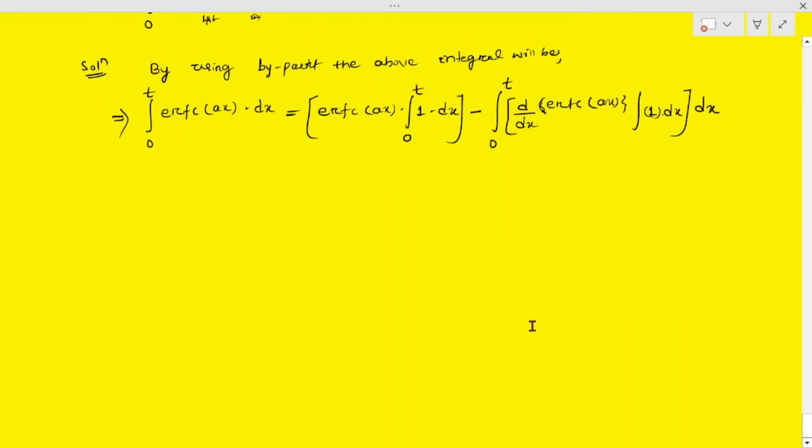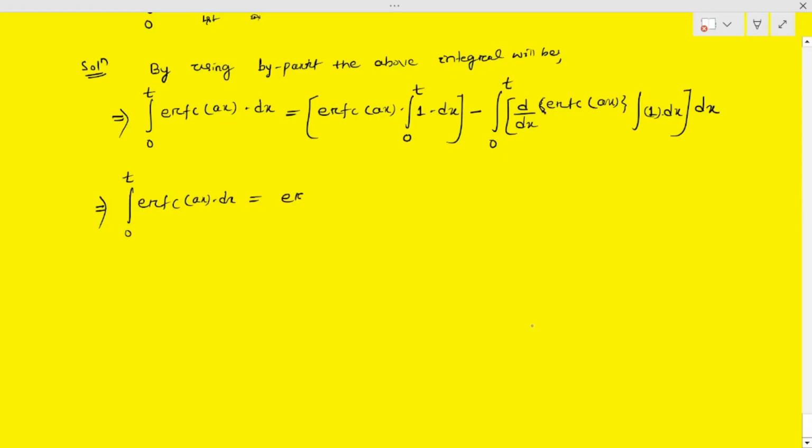So that implies 0 to t, integration of complementary error function, here integration of 1 with respect to x is x.